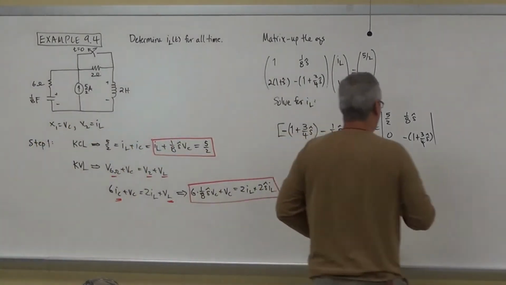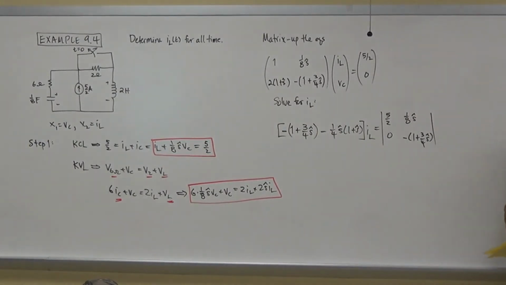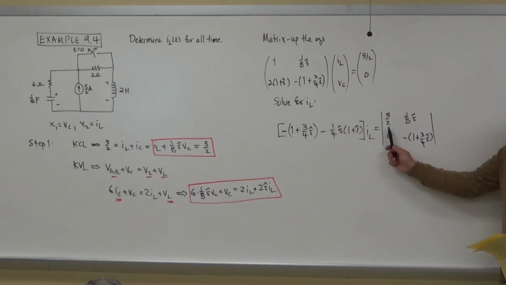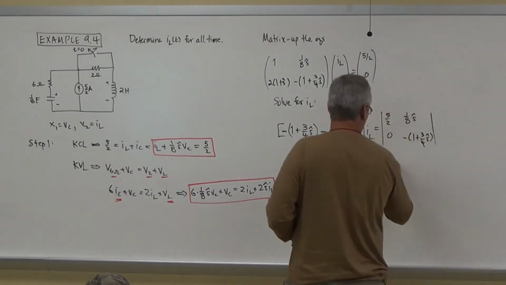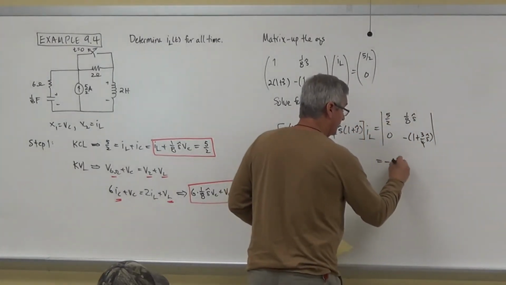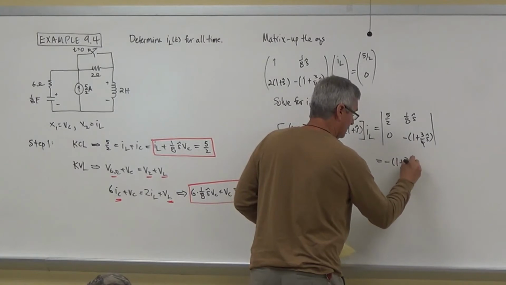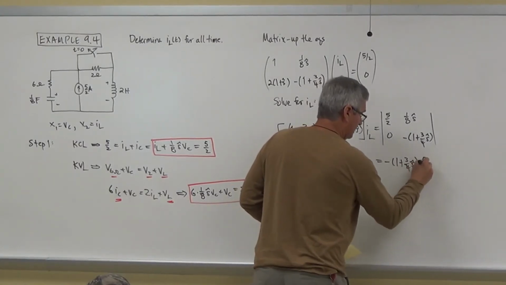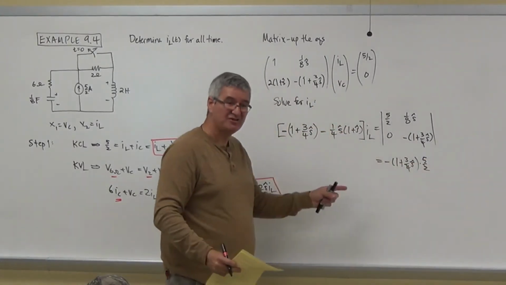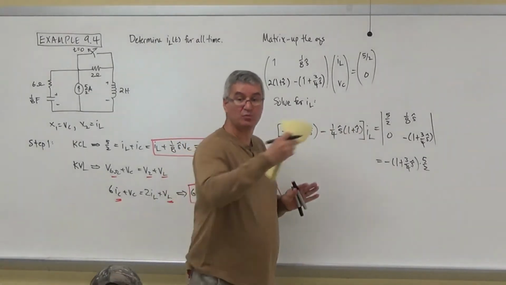So then I'm going to take the determinant of this thing. Now note, this is an operator equation, and it operates on 5/2. So let's look at this thing here. If I write this in detail, it has to look like this. I have to put the 5/2 on the right side, right?